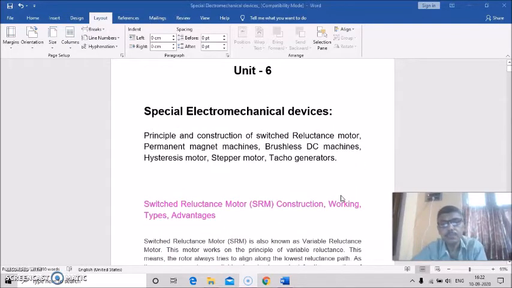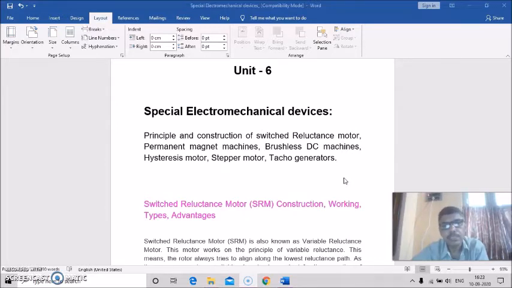So this module particularly comprises special electromechanical devices: principle and construction of switched reluctance motors, permanent magnet machines, brushless DC machines, hysteresis motor, stepper motor, and tachogenerators.